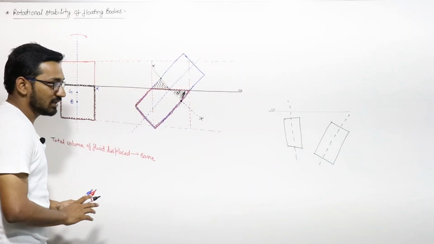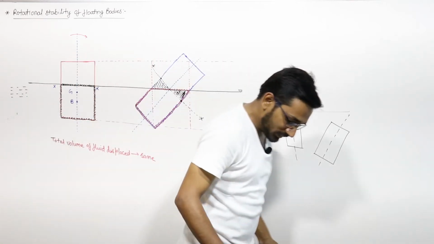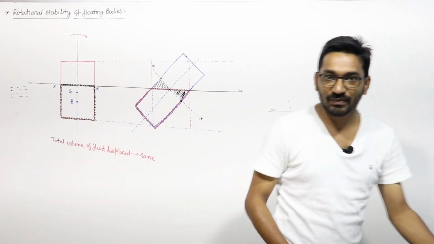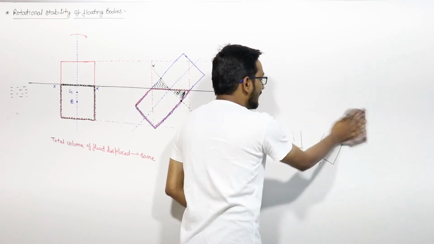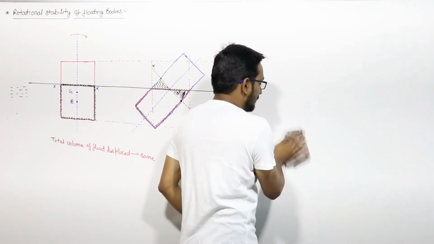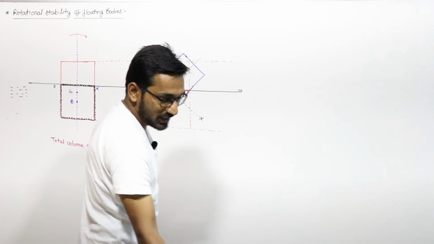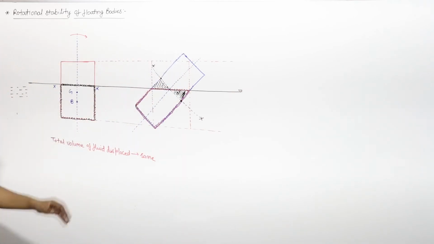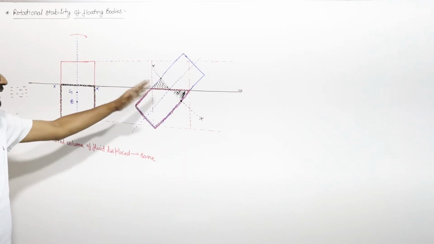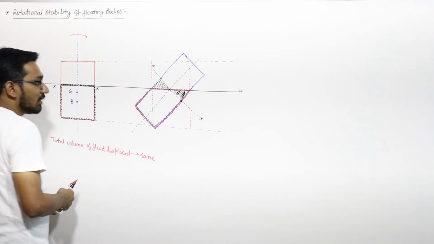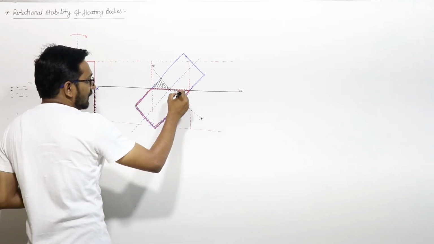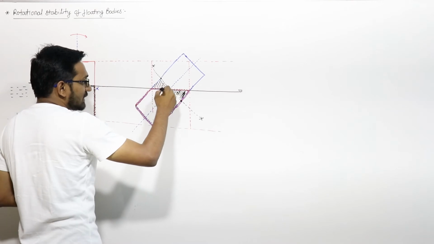It will not change. So that's why the center of buoyancy will not change, right? So we say that in the completely submerged body, center of buoyancy will not change. But if we talk about the partially submerged body, center of buoyancy is changing because your fluid is displaced.